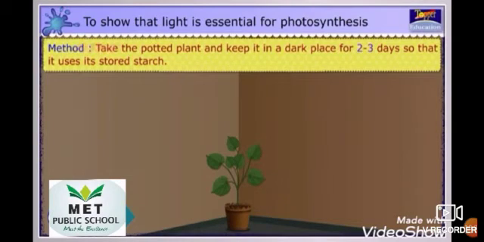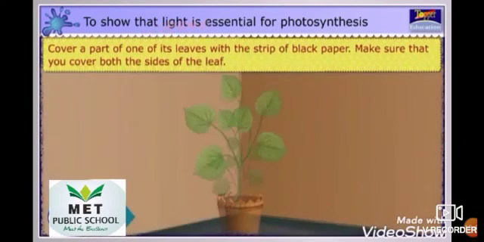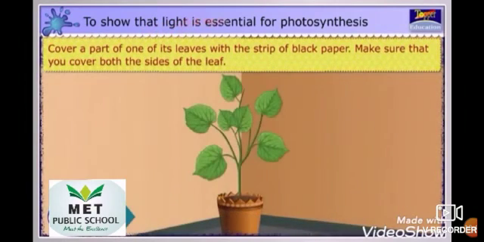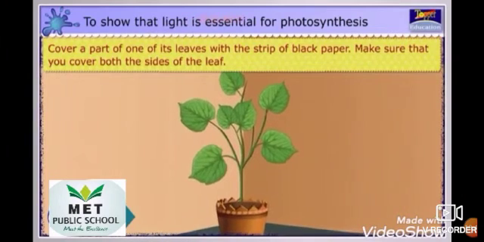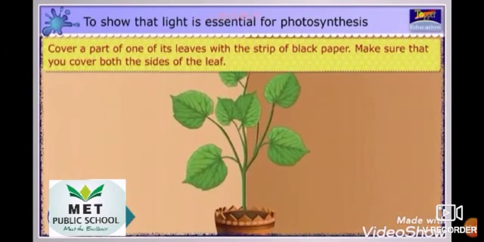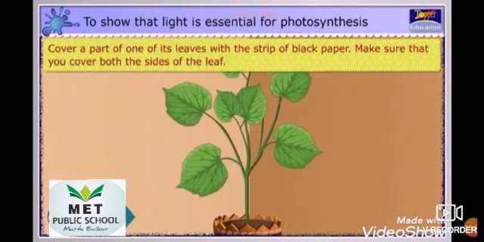Keep it like that for 2 to 3 days, so that it uses its stored starch. Afterwards it can't. Cover a part of one of its leaves with a strip of black paper.